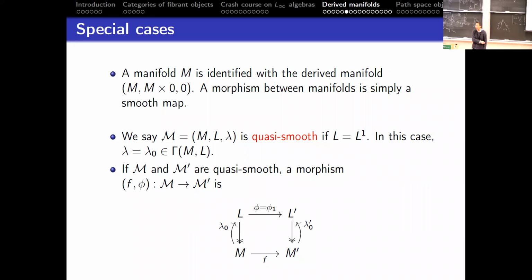A quasi-smooth derived manifold is exactly just a vector bundle with only one component, a degree one component. You don't have higher ones. And then this is exactly lambda zero. In this example, you put this guy in degree minus one, and this one in degree one, and this is exactly quasi-smooth. And this is just a map. A map just means you have this commuting diagram here, where a section is mapped to a section. So that's what Rio was talking about, this example here.